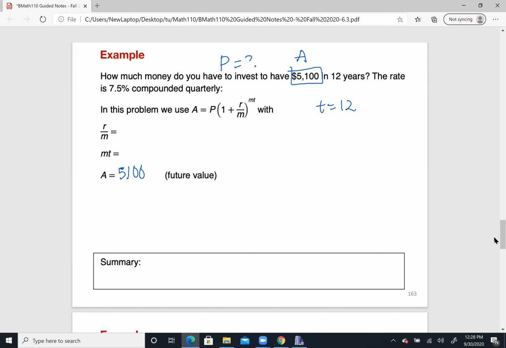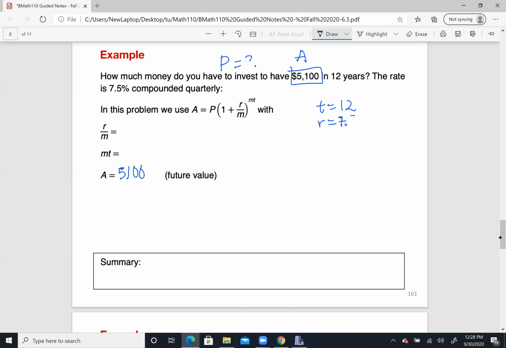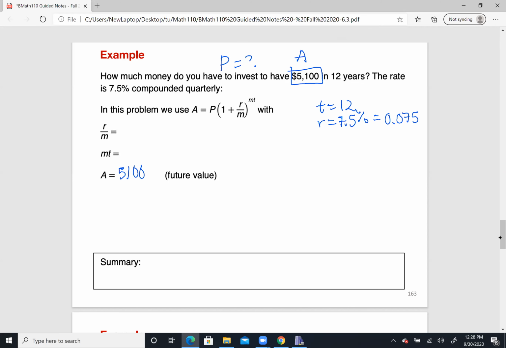And what else? The rate is 7.5%. You have to convert it, it becomes 0.075. Okay, and then you're gonna have compounded quarterly, which means m has to be equal to 4, right?